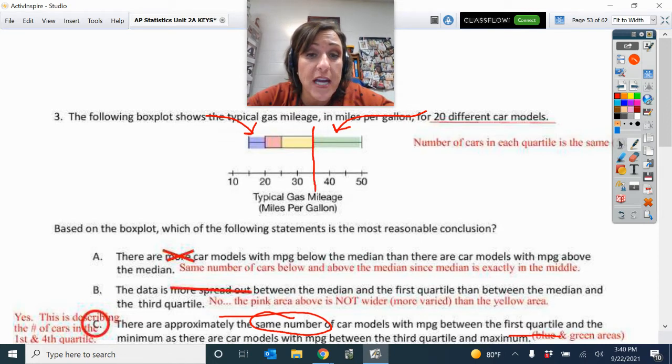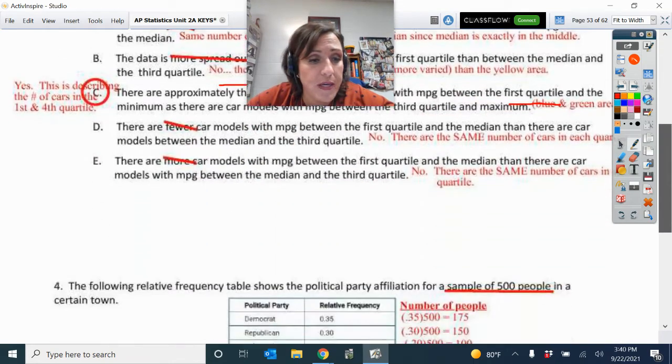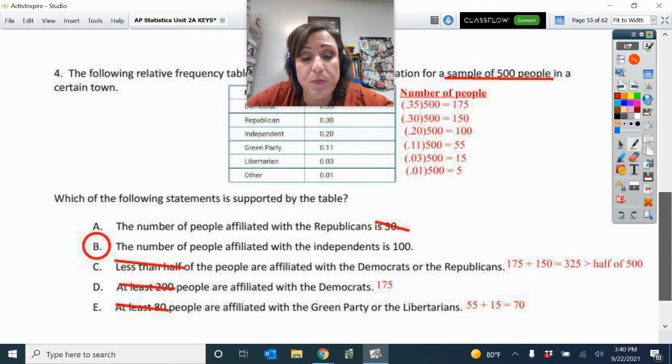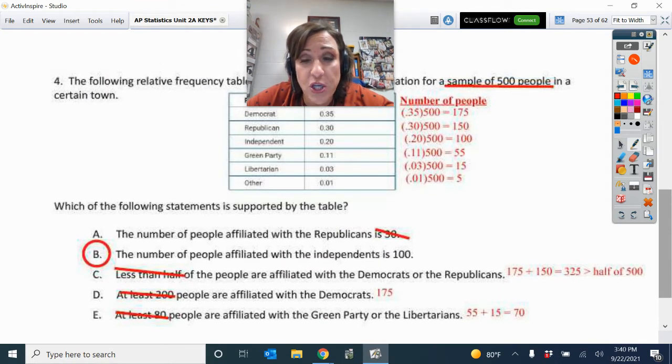Because these top 5 cars vary from 35 to 50 miles per gallon. But this bottom 5 cars go from 15 to 20 miles per gallon. They're less varied.